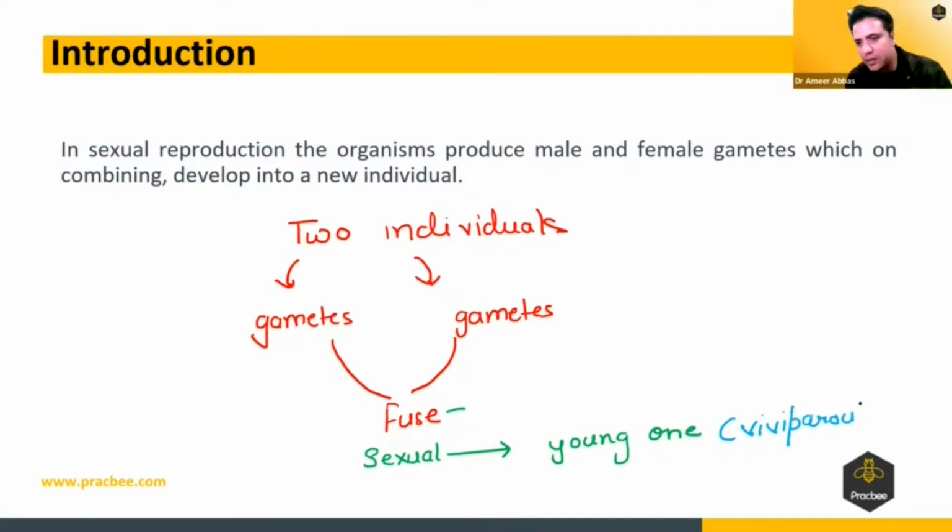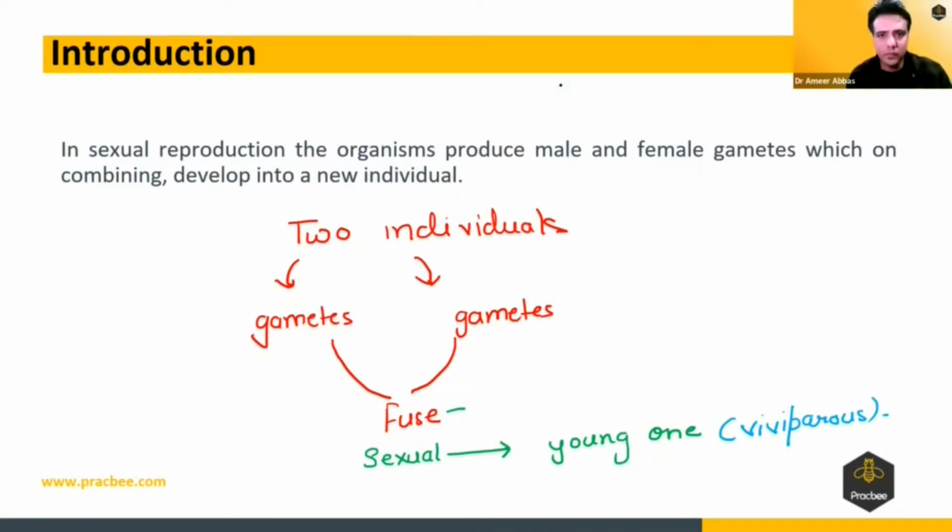They are viviparous. Clear? So what is sexual reproduction? Sexual reproduction involves the fusion of two gametes, male and female gamete, which on combining develop a new individual, and that is why humans reproduce sexually and are viviparous.